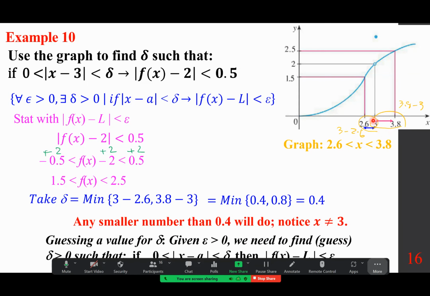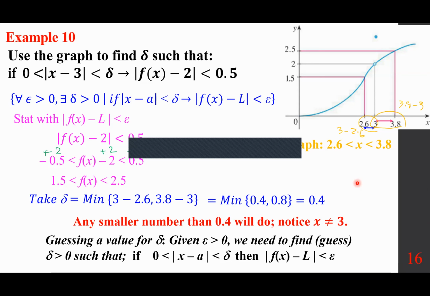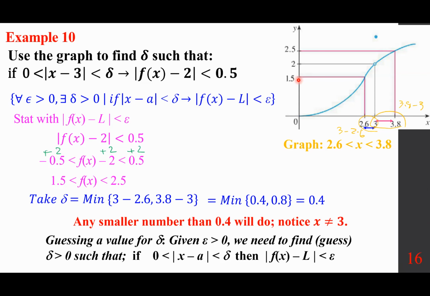In short, the smaller of the two is the answer, and any number less than that. We just want to go over that and make sure the concept is understood. In short, we go between 1.5 and 2.5 along the y-axis, we go between 2.6 and 3.8 along the x-axis, and the smaller of the two distances is the answer for this question.